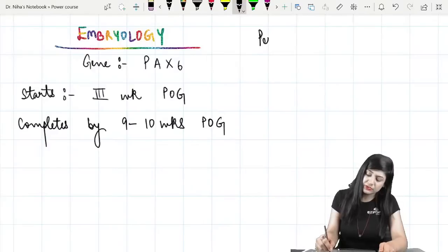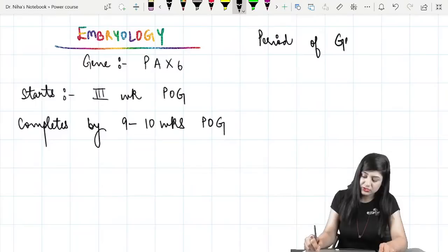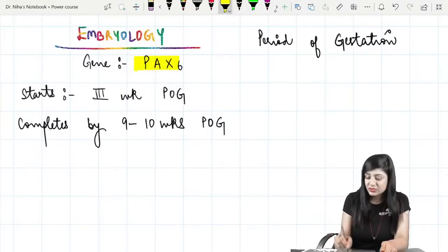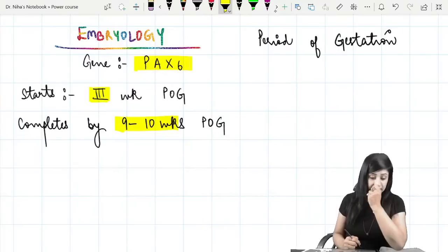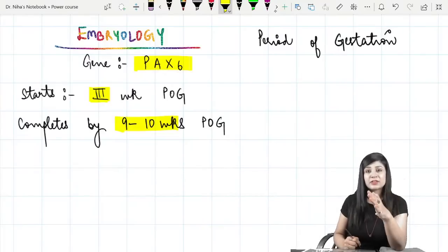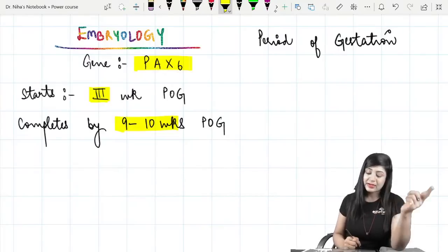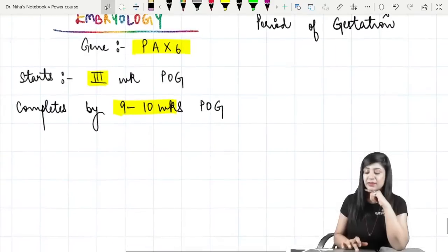POG means the period of gestation. PAX6 gene starting at 3rd week. So at 3rd week, we have the starting of the development, and by 9 to 10 weeks, the development is completing.